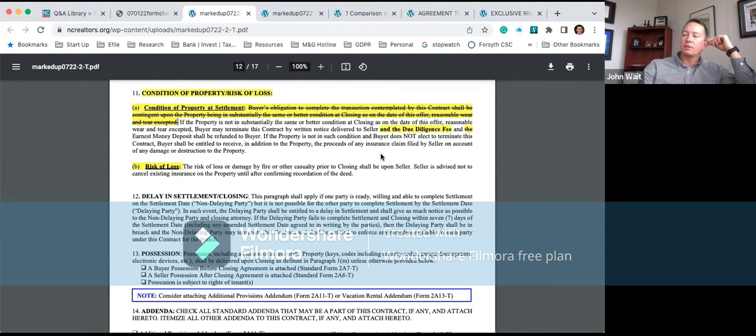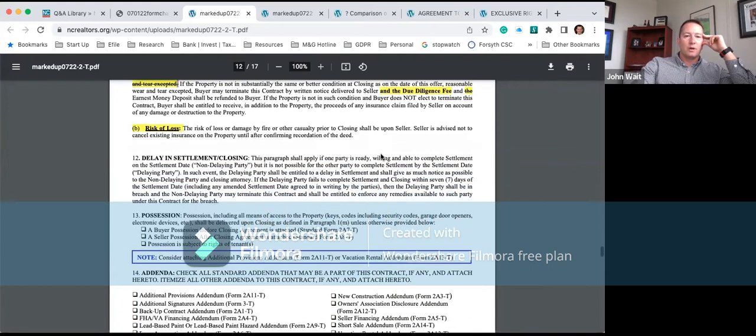And so they felt, in the interest of fairness, the best thing would be to allow the buyer to get their earnest money back as well as the due diligence fee if there's substantial damage to the property and they elect not to continue. Notice, it's not a breach, but that.